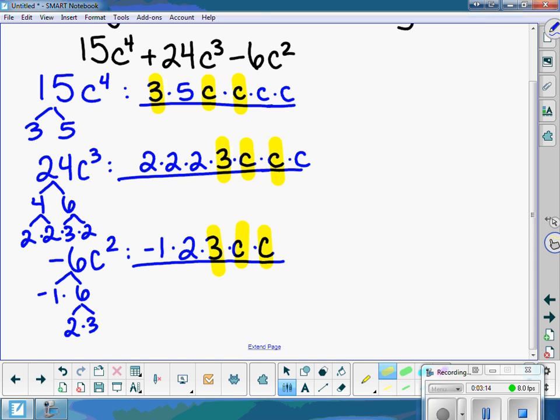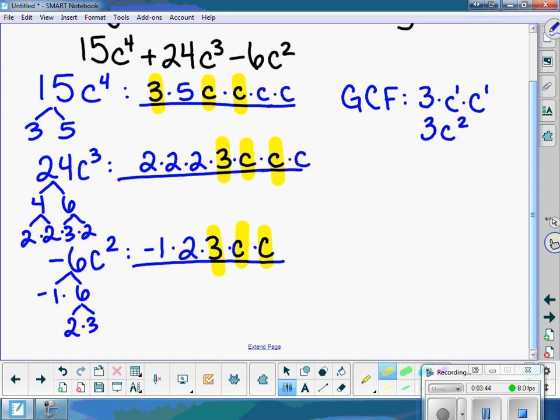So our greatest common factor, our GCF, is equal to 3 times c times c, which is equal to 3c squared. Because c times c is c to the first times c to the first. Exponent rules tell us we're going to add those exponents so that it's 3c squared.